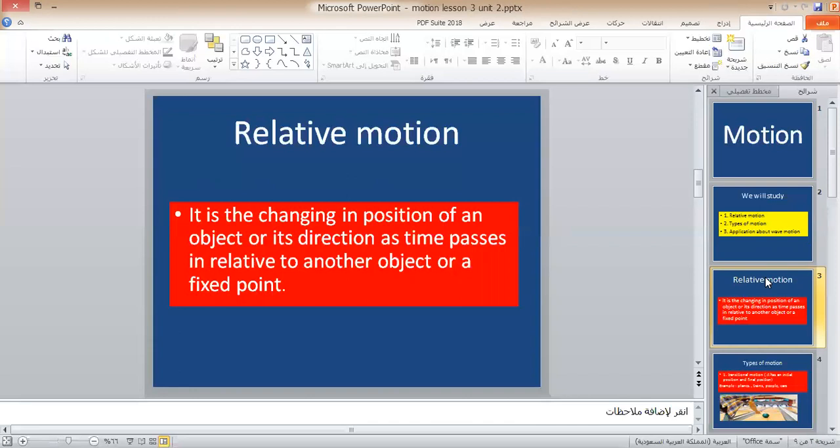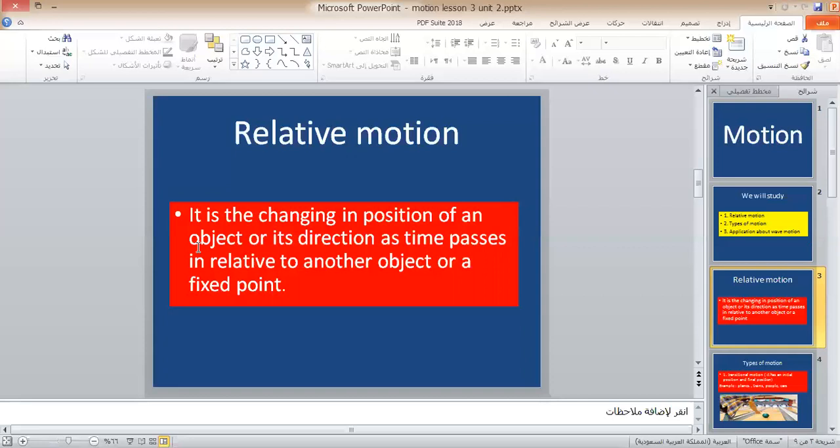When A passes in the opposite direction of C, they pass so fast. So this is called the relative motion. It is named relative because everyone sees or feels the speed according to his position. Is he standing, or moving in the same direction, or moving in the opposite direction?